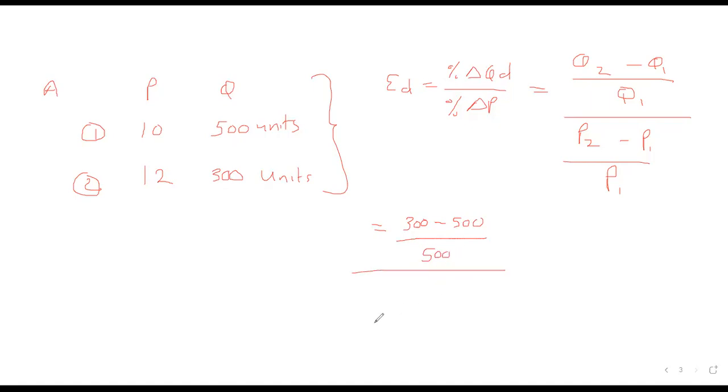Everything over the new price, 12 minus 10, divided by 10. So here we're going to have negative 200 divided by 500, and 2 divided by 10. All right.